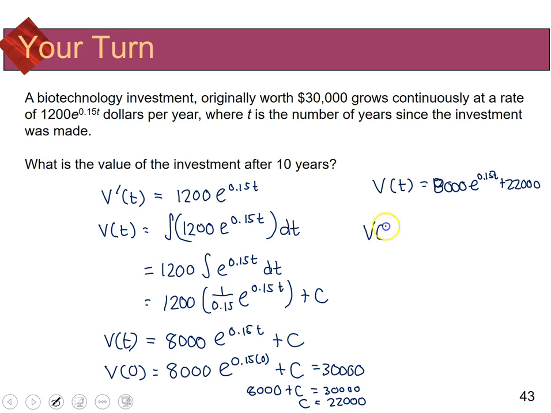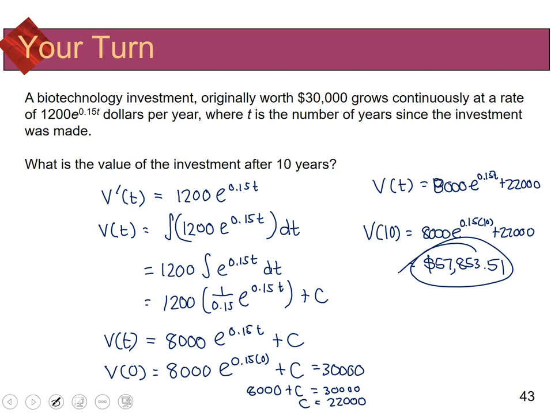Well, all I have left to do is plug in the 10. And when I plug that 10 in, I end up with approximately $57,853.51. So that's what the investment would be worth after 10 years.